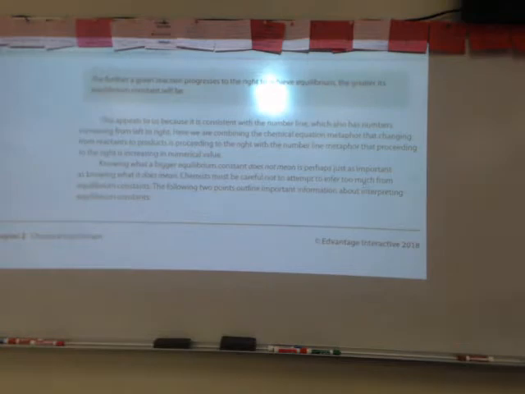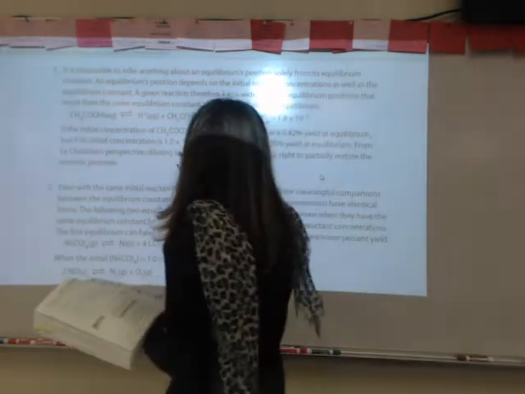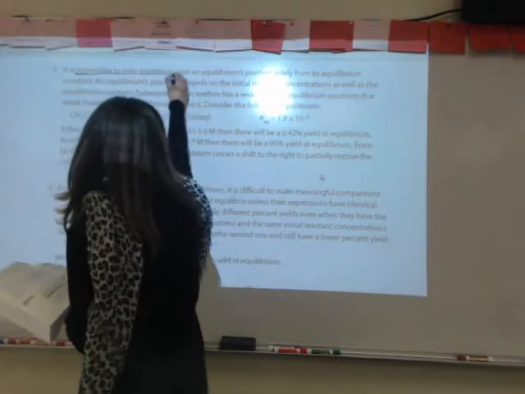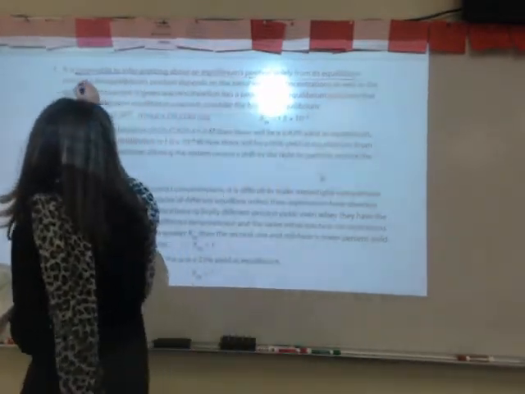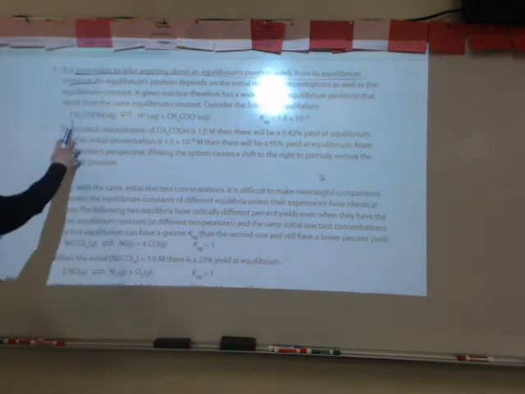And there's a couple of things that we have to mention here. You really can't infer anything about an equilibrium's position solely from its equilibrium constant. An equilibrium's position depends on the initial reactant concentrations and the equilibrium constant itself.